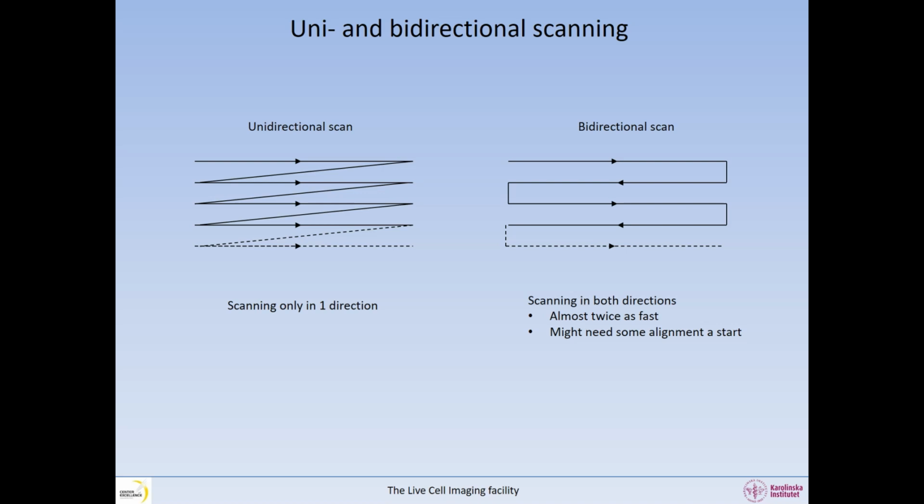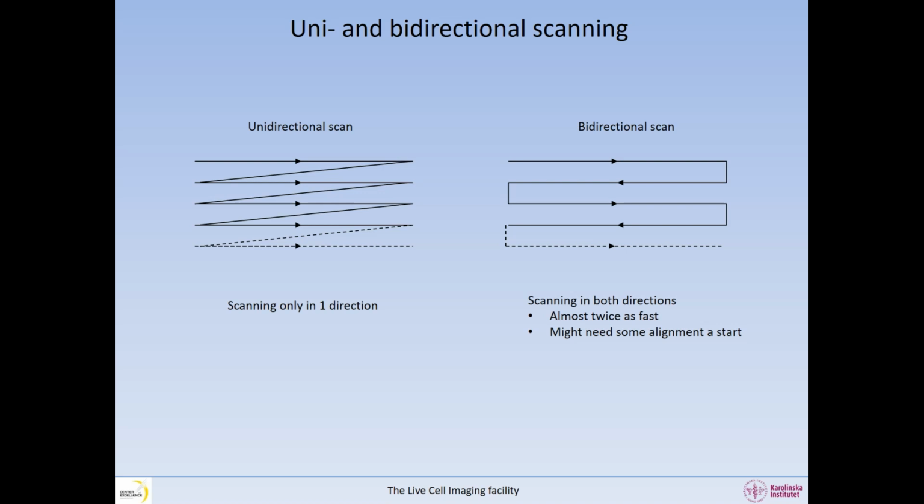Additionally, what we can do is scan a whole line of pixels and then jump back to the beginning of the line and scan again. This is called unidirectional scanning, so we're scanning only in one direction. Or we could scan the line and then, when we move back along the next line, scan again.